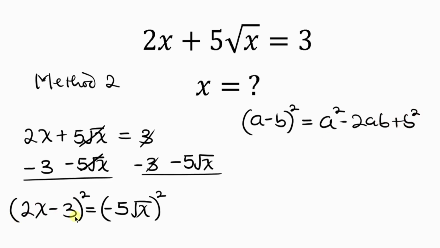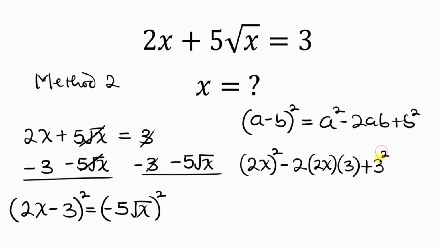Now let's expand this in this form. So we're going to have 2x all squared minus 2 times 2x times 3 and then plus 3 squared.